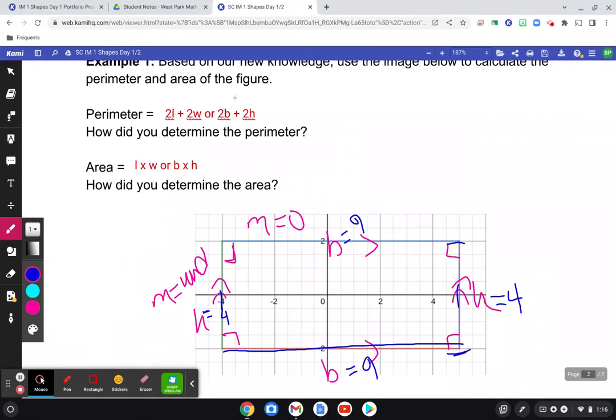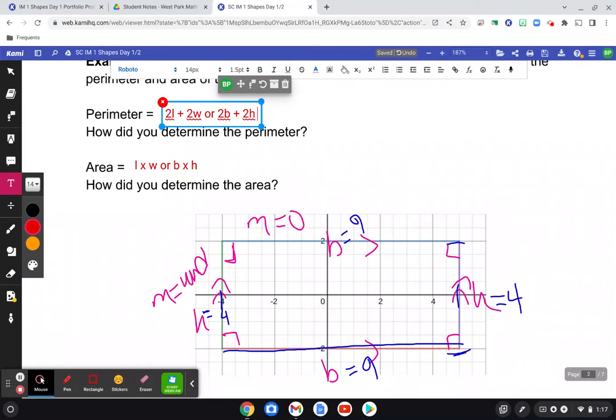So if we're going to calculate this, and we use 2 times the base plus 2 times the height, what that's going to look like is this. It's going to be 2 times 9 plus 2 times 4. And that is going to equal 2 times 9 is 18, plus 2 times 4 is 8. 18 plus 8 is going to be 24 units.